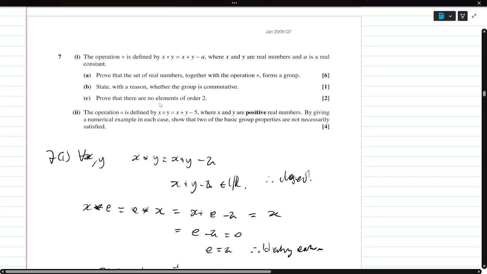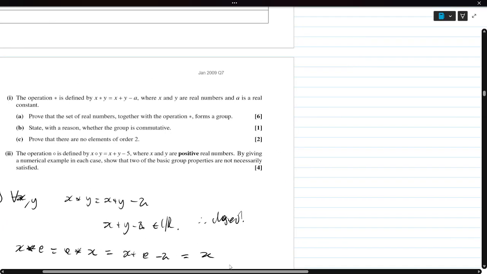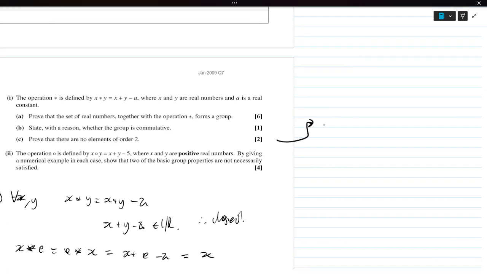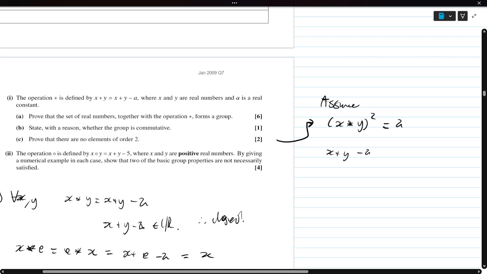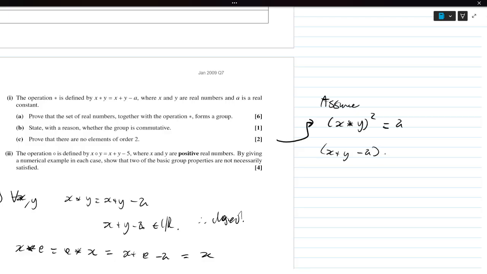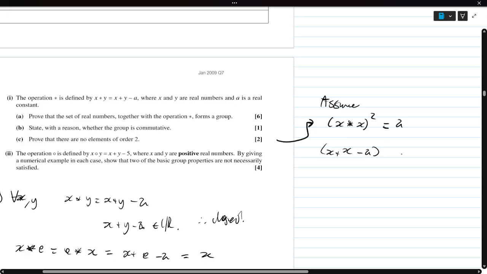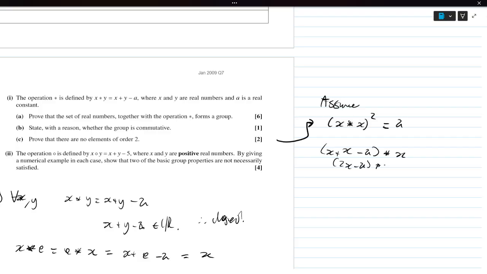Prove that there are no elements of order 2. Actually, this is an interesting question. To show that there are no elements of order 2, I need x star x, all starred with x, to be equal to the identity, which is a. To show this is not possible, assume this exists. x plus x minus a is 2x minus a.